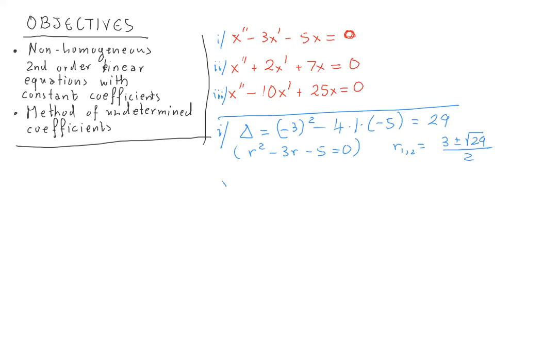And that makes the solution x of t is equal to c1 times e to the 3 plus square root of 29 divided by 2 t plus c2 e to 3 minus square root of 29 over 2 times t, right?